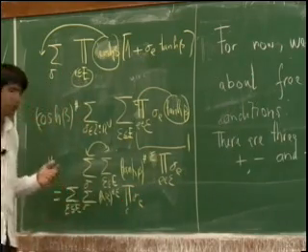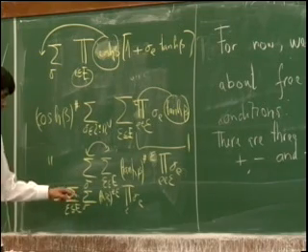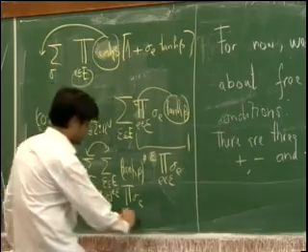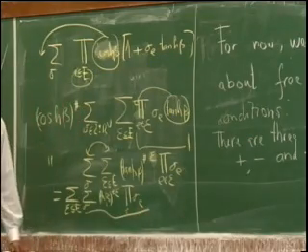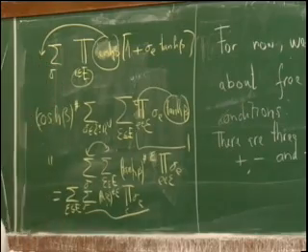The question is now, what are the contributions that give a non-zero result? What are the subsets of edges for which this sum is non-zero? Why would this sum be 0? Well, let me write what I'm saying.